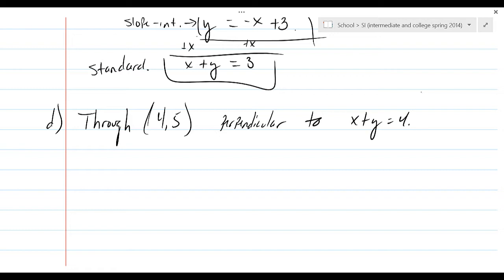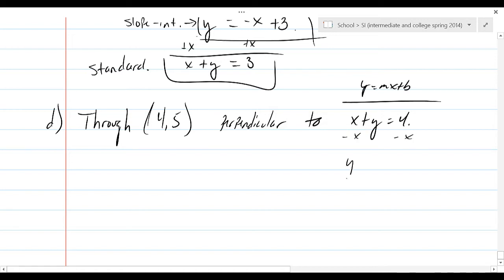So, first I need to find this line's slope so I can find the slope of the line I'm going to make. I can do that by putting it into y equals mx plus b form. So I subtract x from both sides, and I get y equals negative x plus 4. So this slope is negative 1. So the slope that I want to focus on is actually going to be positive 1.